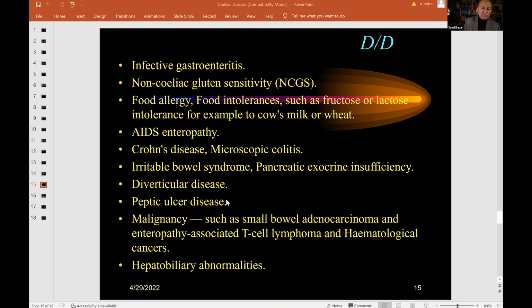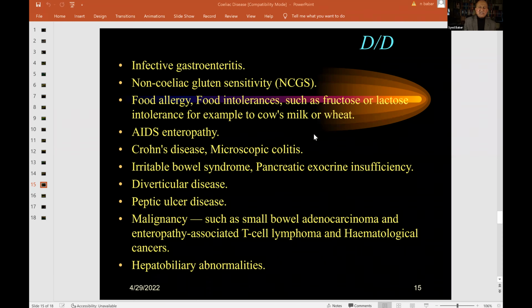and of course, there would be suspicions in relation of seeing on imaging T-cell lymphomas or adenocarcinoma, and hematological parameters might show some features of hematological malignancy or hepatobiliary abnormalities.